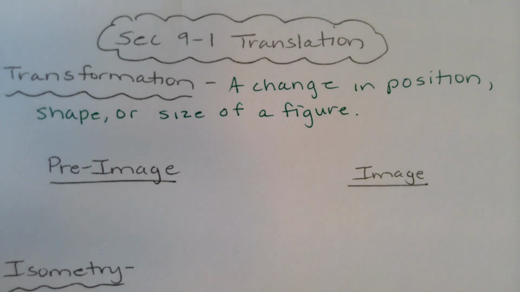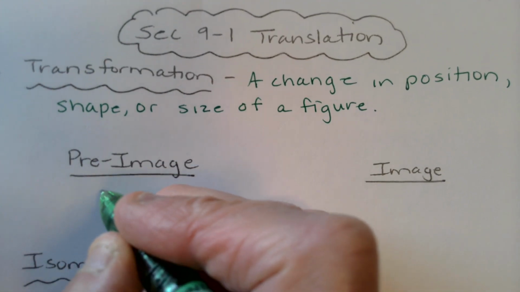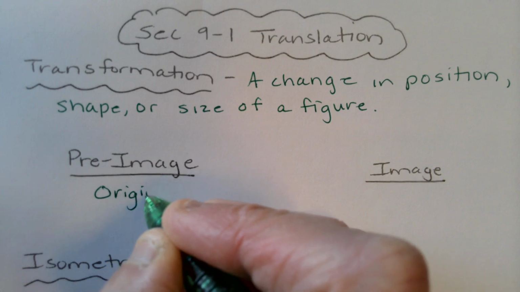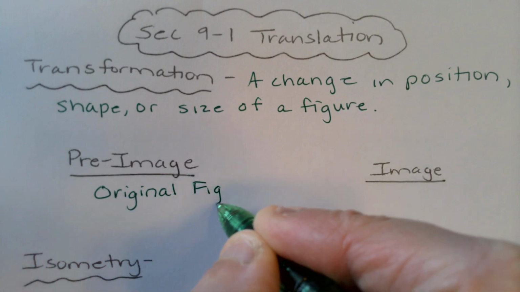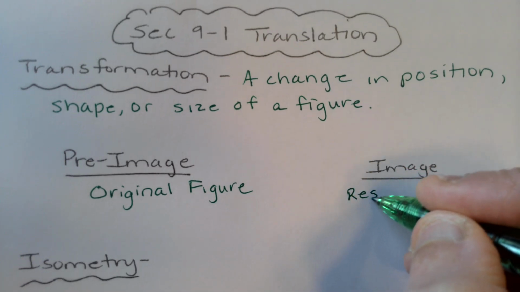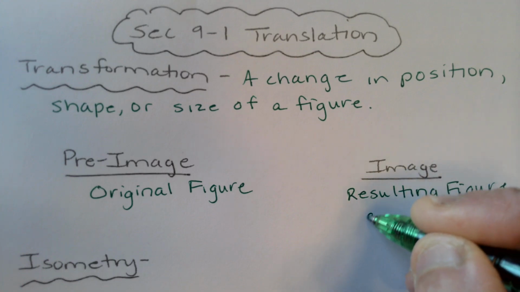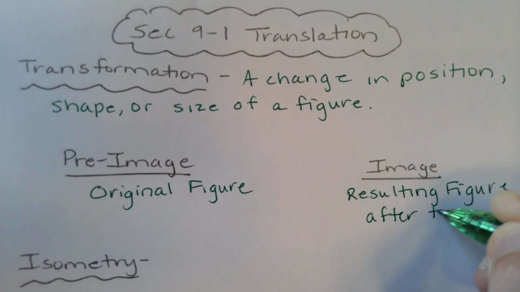Symmetry, and dilations, and rotations, tessellations, etc., etc. So, whenever we talk about these, we are always referencing the pre-image as your original figure, so the one that you start with, so like your starting place, and your image is your resulting figure after transformation.